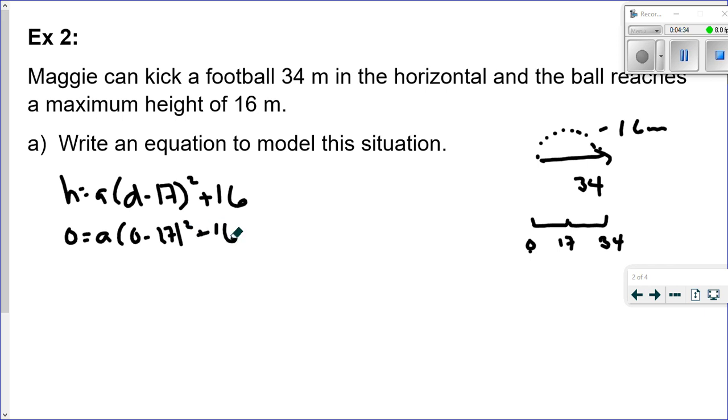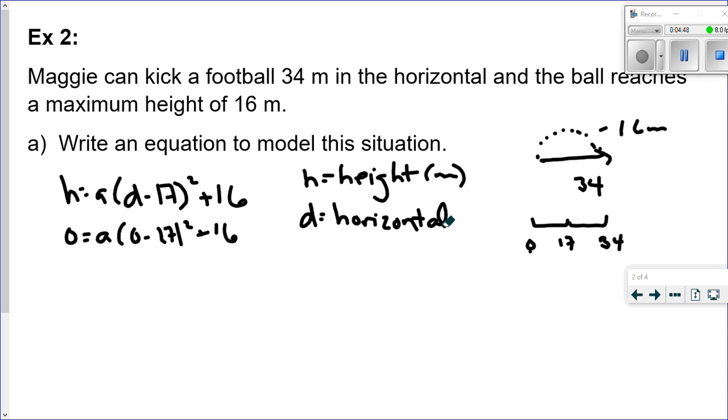Now, before we go any farther, h equals height in meters, and d equals horizontal distance. Now, it really should be horizontal distance from where it was kicked, but while I might get picky in a lot of things, I'm not that precise.